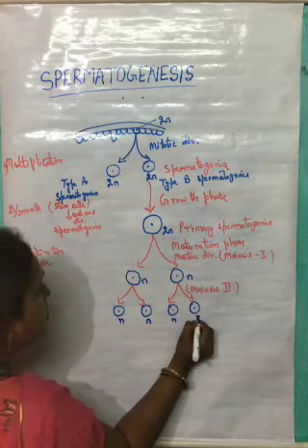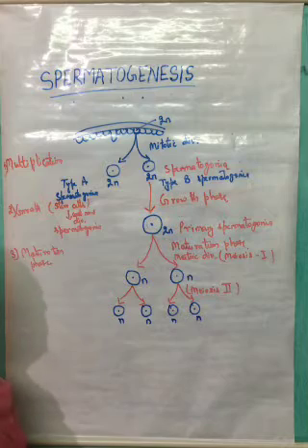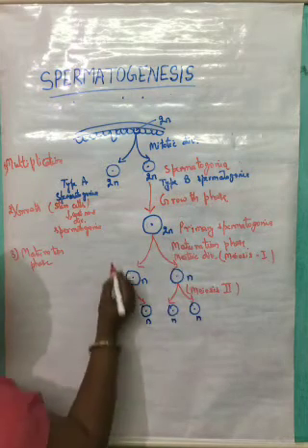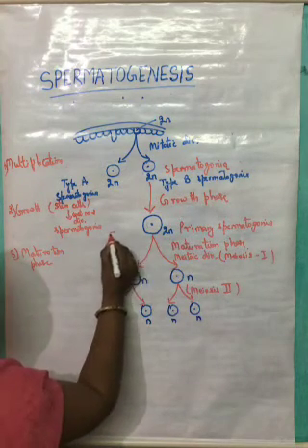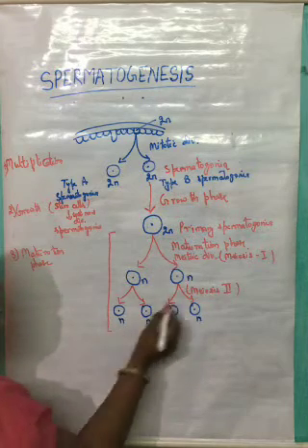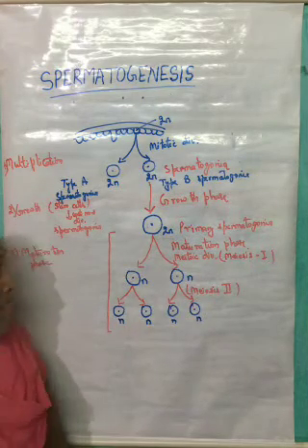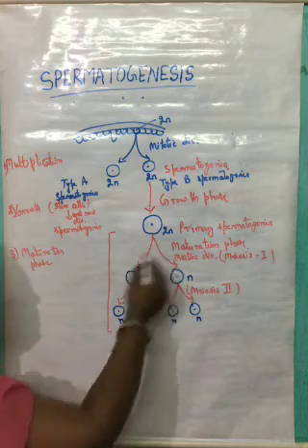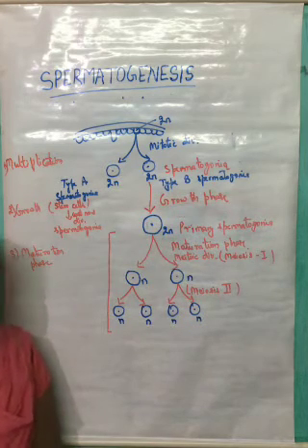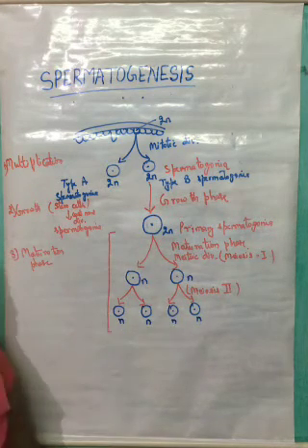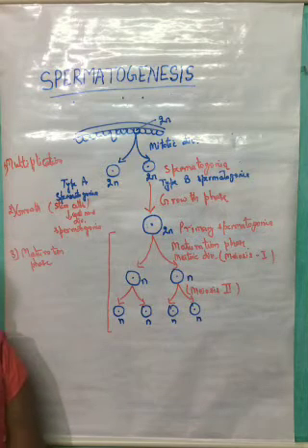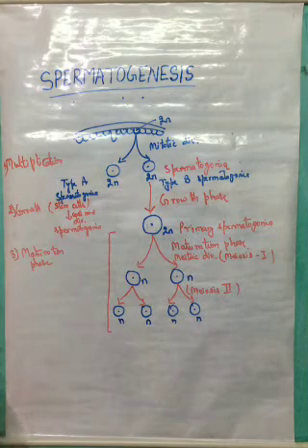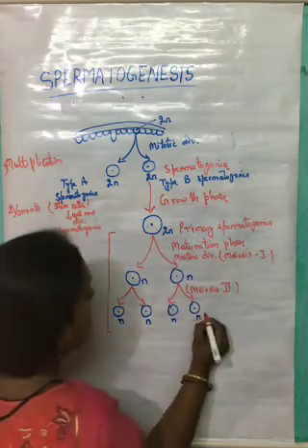So as a result of this maturation phase, which includes meiosis 1 and meiosis 2, from this primary spermatogonial cell the formation of 4 haploid cells takes place, and these haploid cells are the spermatids.